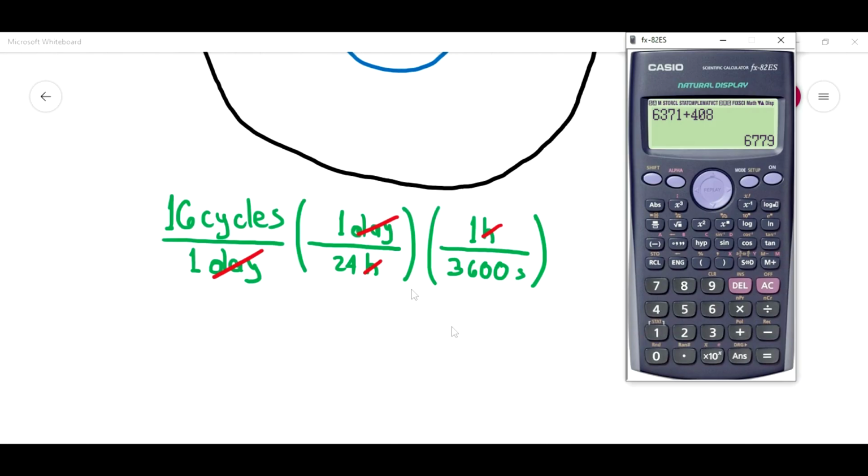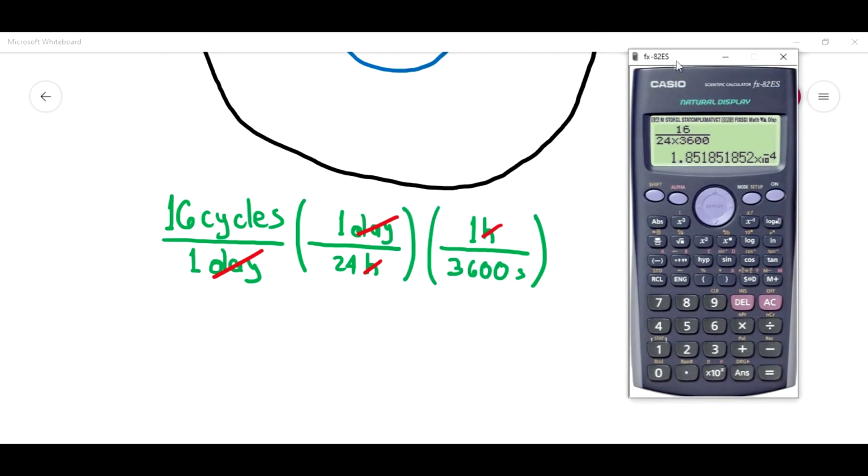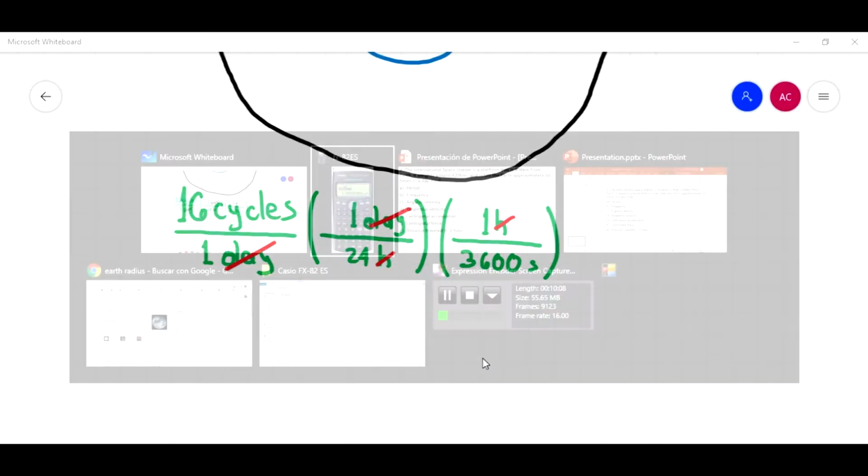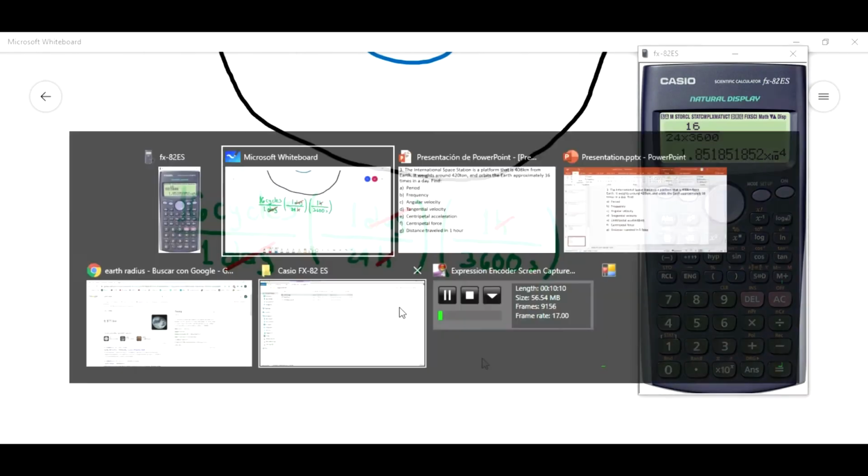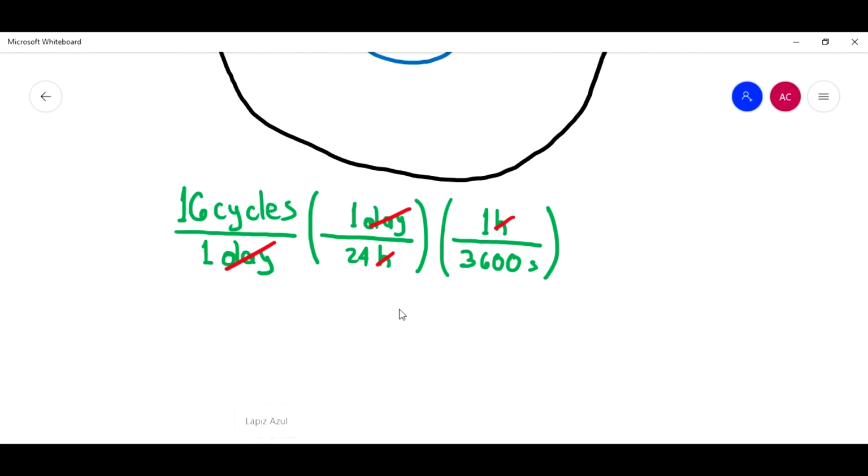So let's do it in the calculator. It will be the fraction 16 over 24 times 3600. That is the frequency. I'm going to write it over here.